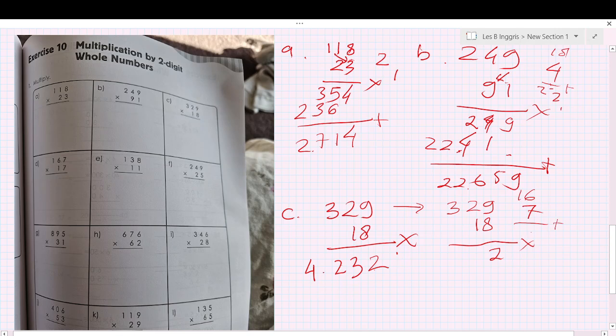Add it with the 7 beside, you got 23. Put the 3 in here, and then put the 2 beside. And the next is 3 times 8, you got 24. Add it with the 2 beside, you got 26. Okay, that's the first.